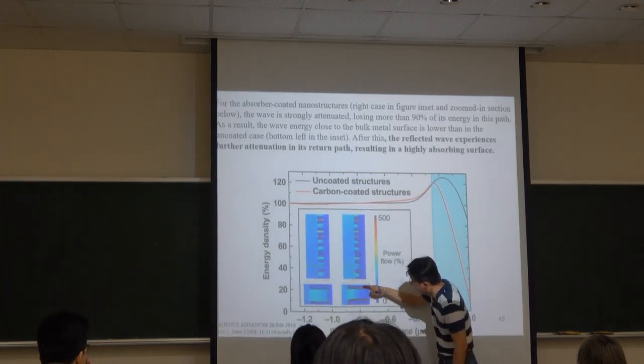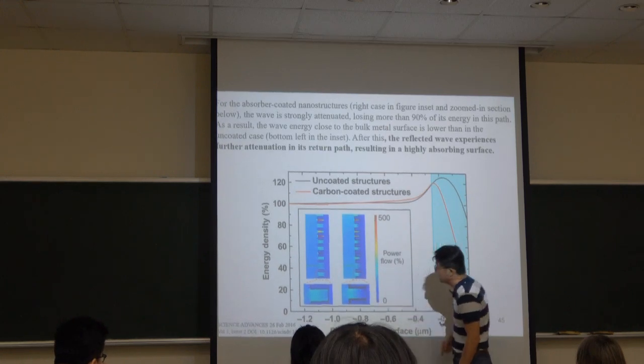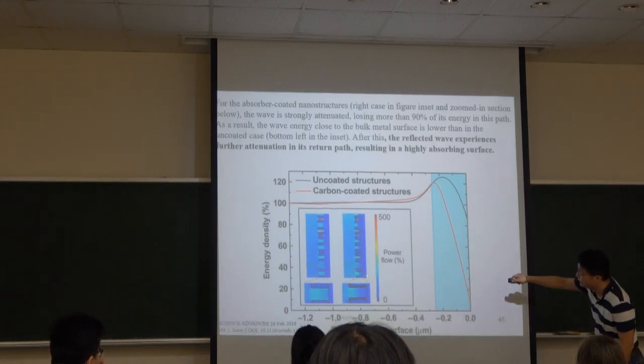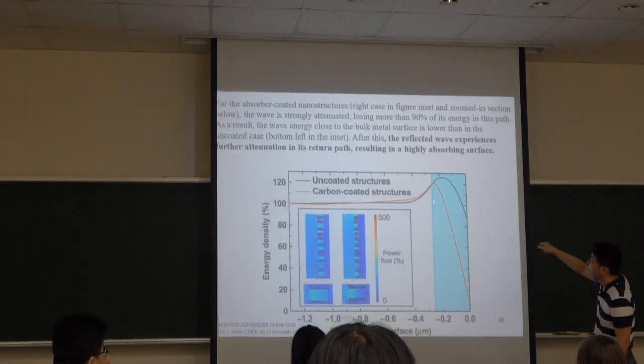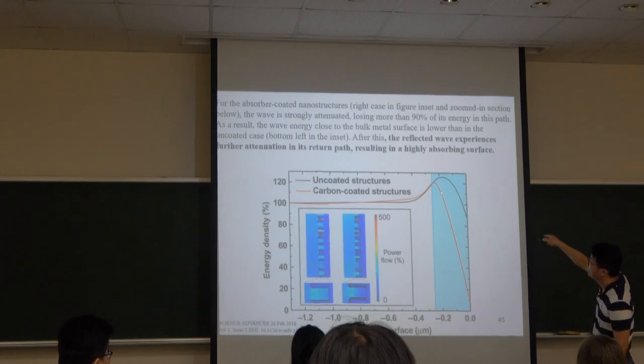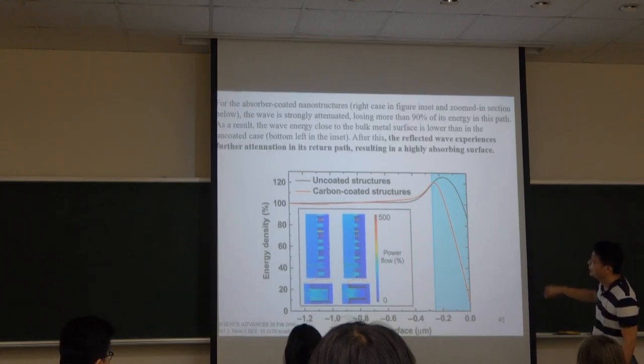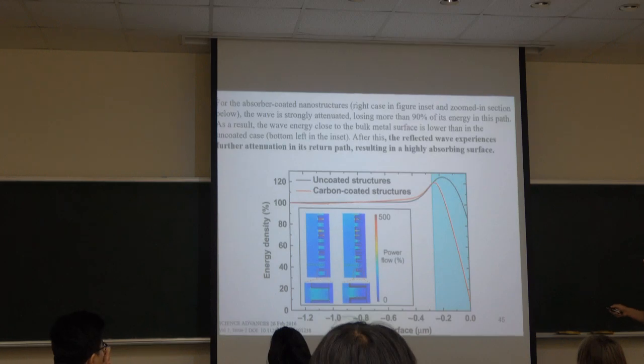You can see they deposit carbon on the tetra surface, and here is the energy density. If you think about the carbon coating, the energy density is reduced. That means light reflection is getting low.